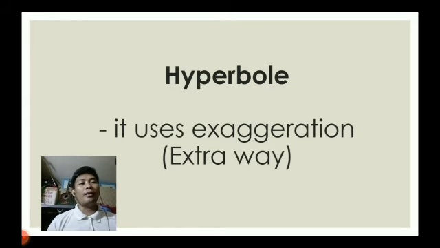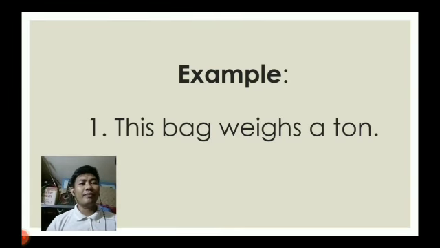All right. So let's go on to the fourth type of figure of speech, which is the hyperbole. Hyperbole uses exaggeration, or going to extremes. Now we have our example here.